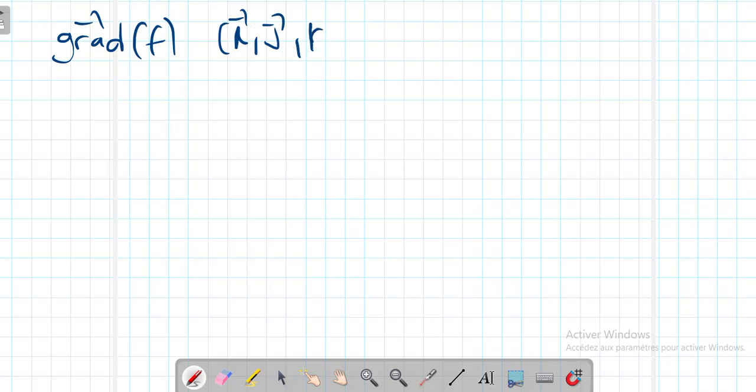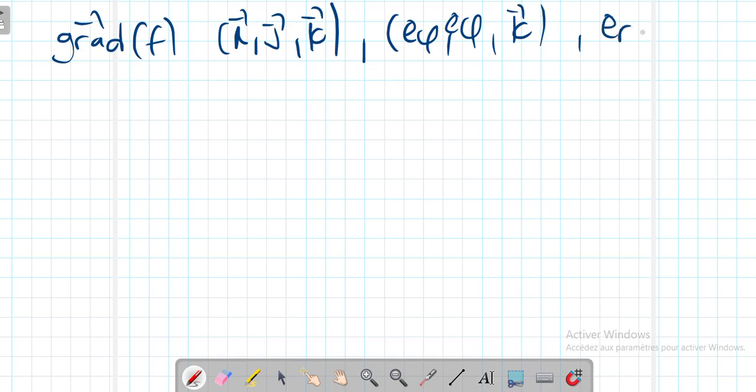The three mathematical tools that you're going to use. Last session I explained what they mean, but now we're going to look at them mathematically, like how to evaluate the gradient of a scalar function in three coordinate systems: the Cartesian coordinate system, the cylindrical coordinate system, and the spherical coordinate system with e_r, e_theta, and e_phi.